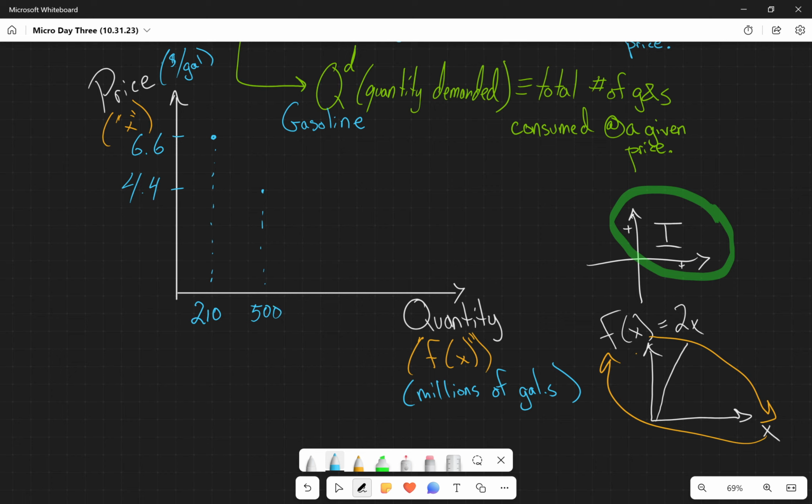So on and so forth. So we observe demand by the fact that prices fluctuate over time, and at different prices, we're going to have different amounts of gasoline that are consumed. And so we end up with a demand curve that looks something like this, right?